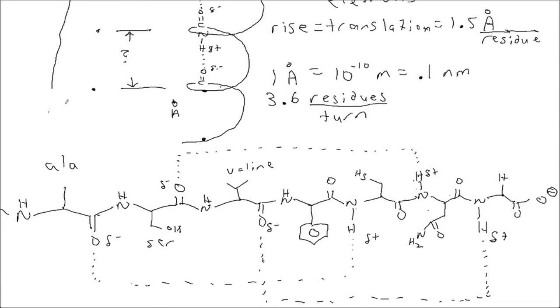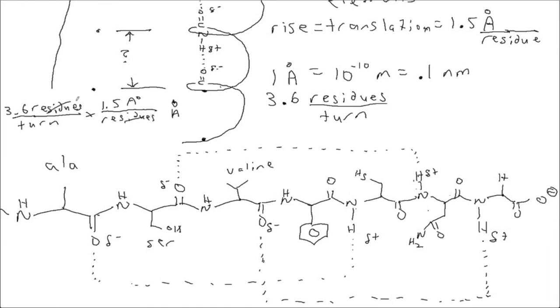Well, we could start by saying that there are 3.6 amino acids on that turn. And then there's 1.5 angstroms between each pair of residues.